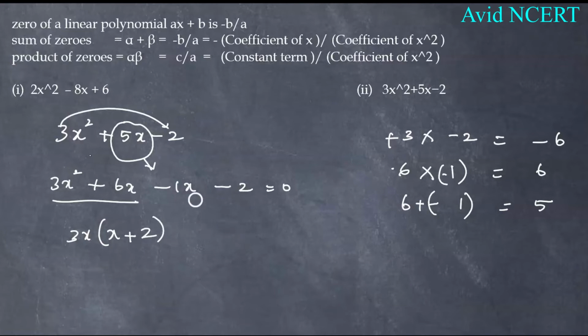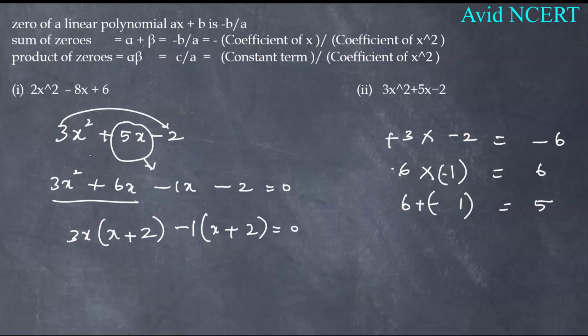So in these two terms we have to find the common terms. So we can take minus 1 out. For this it is x, because minus 1 into x is minus 1x, and minus 1 into 2 is minus 2.